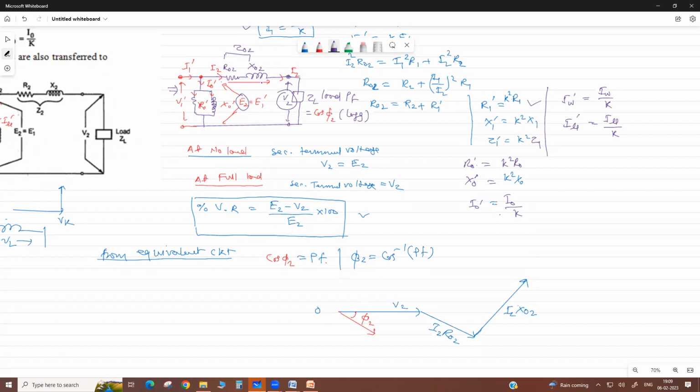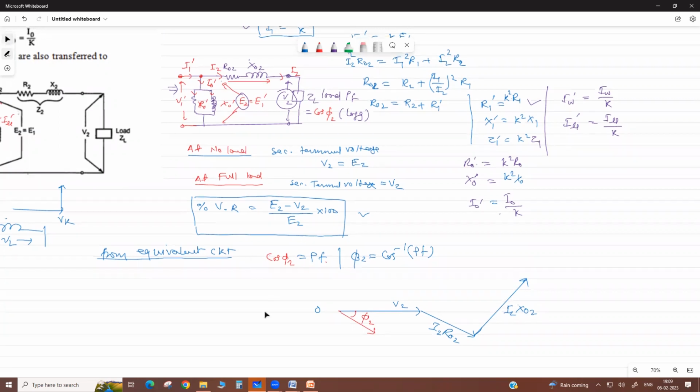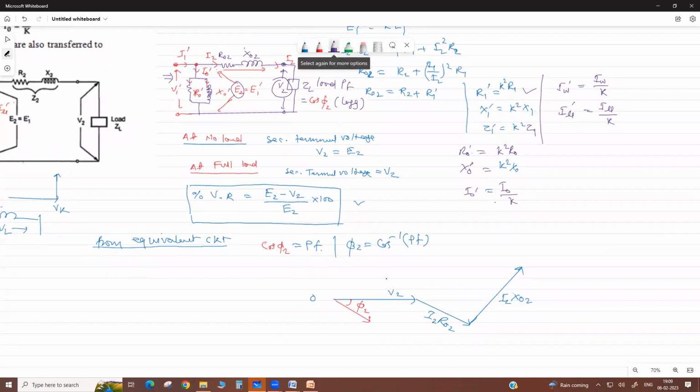So if we add all three voltages, V2, then VL and VR, the total vector sum of all three gives you the E2 phasor. Any doubt up to here, please?